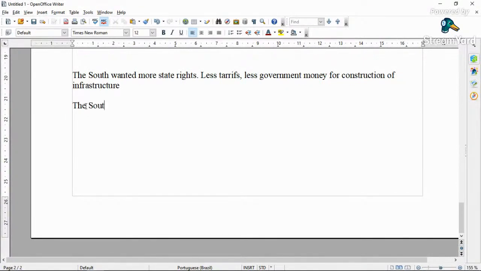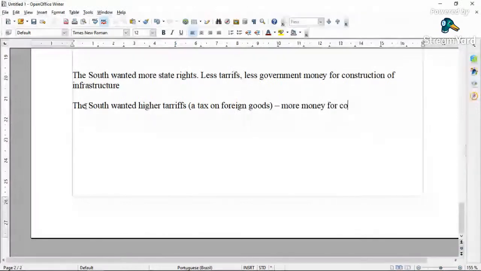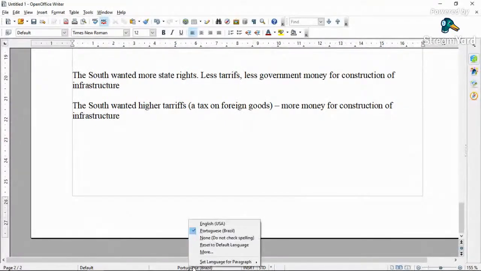The North wanted higher tariffs. Guys, a tariff is a tax, okay, on foreign goods. And they wanted more money for construction of infrastructure.